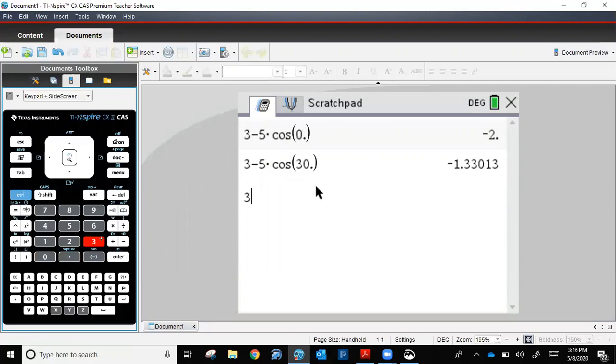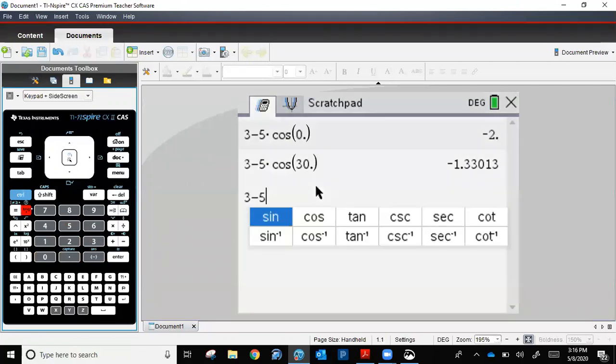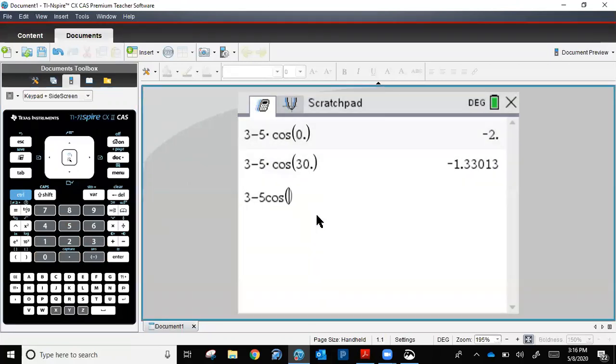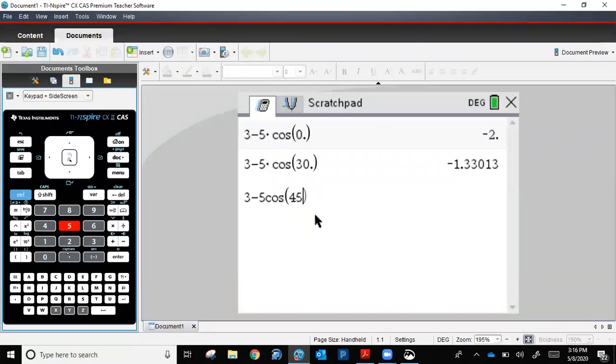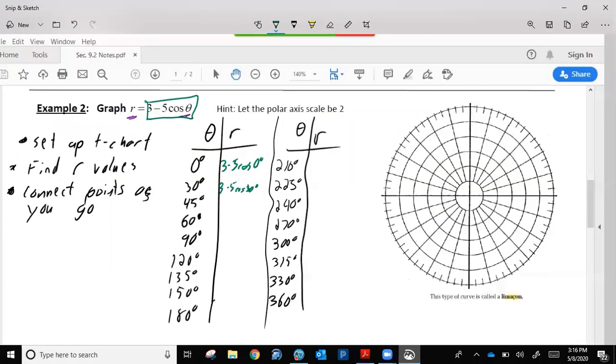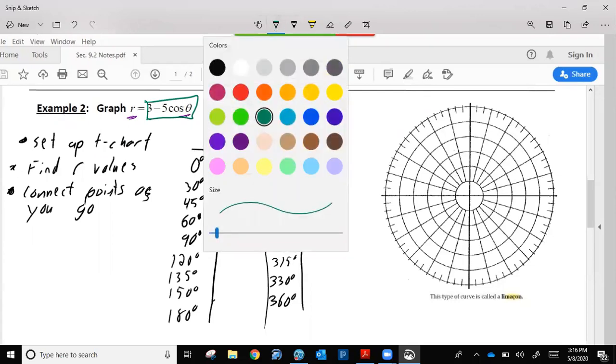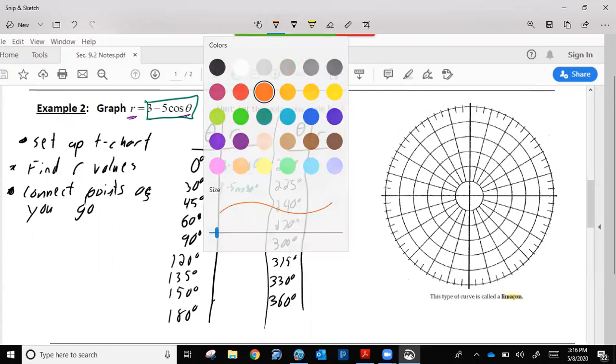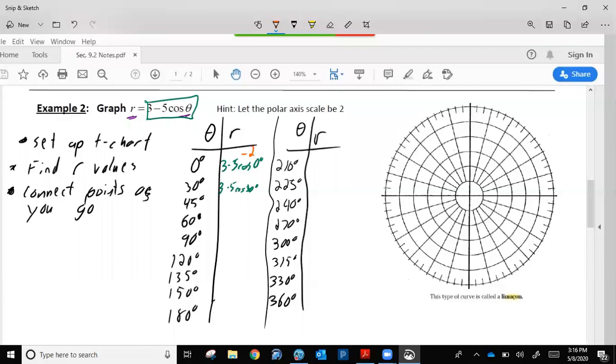Maybe one more, 3 minus 5 cosine of 45 is -0.5 roughly. So I found already, let me change colors here, 0 degrees gave us a -2, 30 was a -1.3, 45 is -0.5.